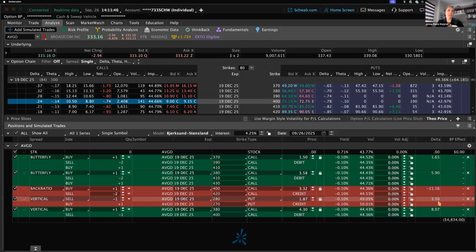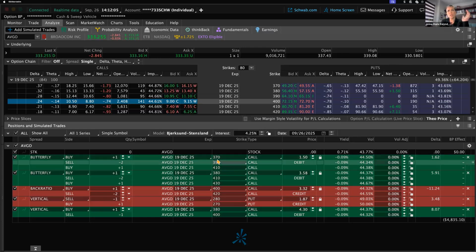And so here's the last thing I'll say about that. Let's say that this thing starts running off the rails, and in November it moves to 400. Let's say the price of Broadcom moves to 400. Now you'll be sitting in a formation that is going to be in good shape, but even though it's November, a month earlier than the expiration, if it starts creeping over this middle strike, it's better to close it and take whatever the market gives you.